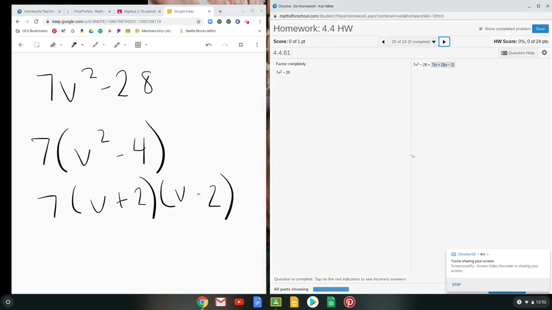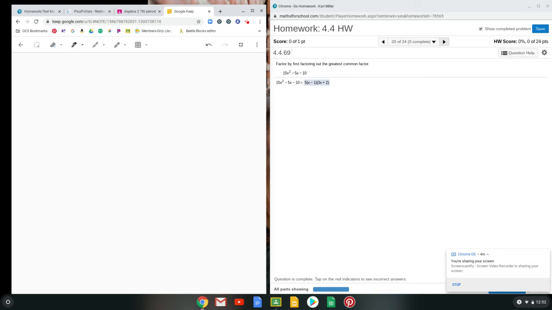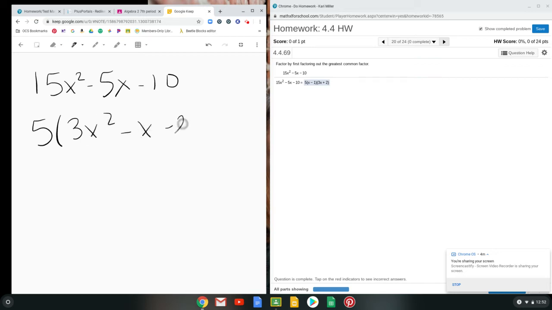Okay, number 20, another one where we're looking for the greatest common factor first. Notice it even says in the directions, factor first by factoring out the greatest common factor. So make sure you read the directions on these. On this one, we're factoring out the 5, so we're dividing each term by 5. And then this is a guess and check. The factors of 3x squared are 3x and x.